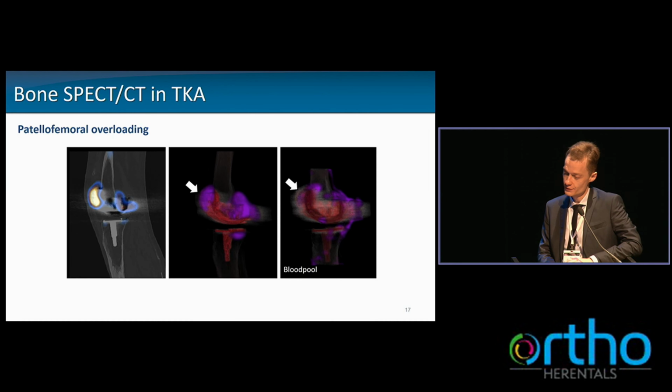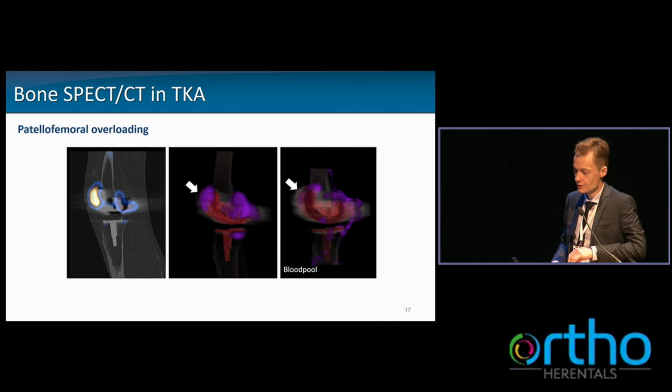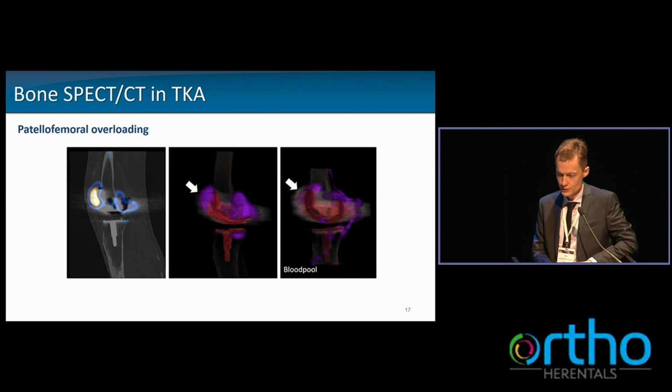And thanks to some fancy computer techniques, we can fuse these with the same data set, so there's no additional radiation burden for the patient. But it gives you a good correlation of what you would see on late phase as increased uptake, which actually correlates with active inflammation as well. So that is a wonderful thing that we can now do.